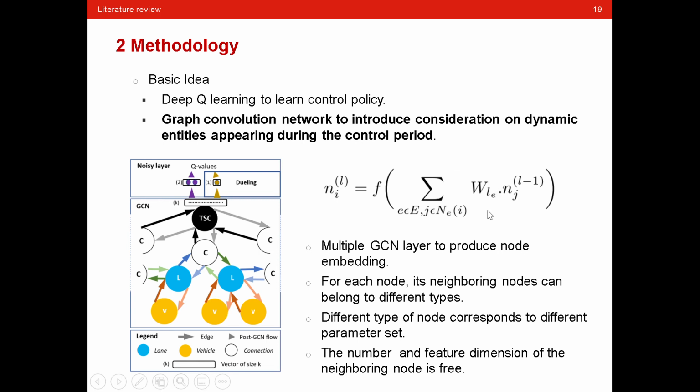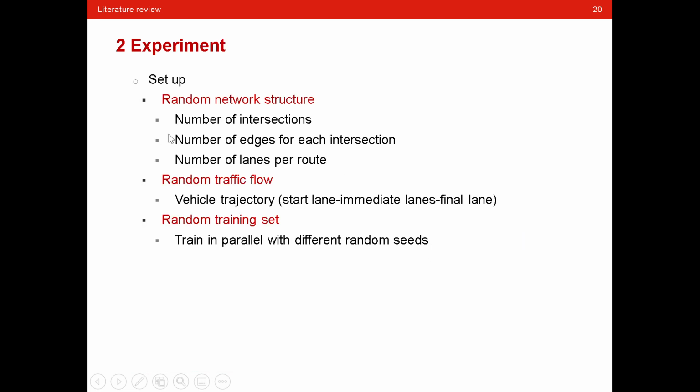So we do not need to consider the number or the feature dimension of each node, because in the end they will all be reduced to the same. So I think this method is very simple and very clear, and it's also very interesting and useful. And you can apply it in many other graph case studies.